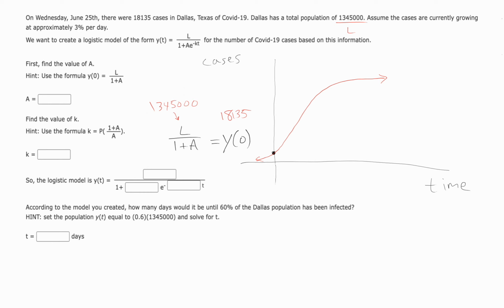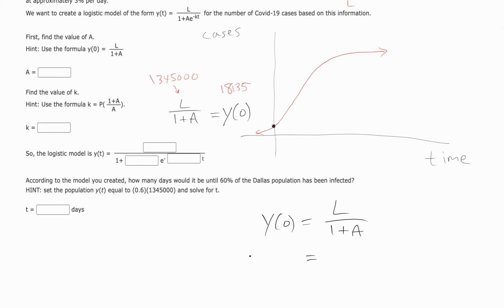Okay, so I'll do that algebra down here. You want y of 0 equals L over 1 plus A. You gotta do 18,135 equals 1,345,000 over 1 plus A. Okay, then we would multiply this 1 plus A to the other side.